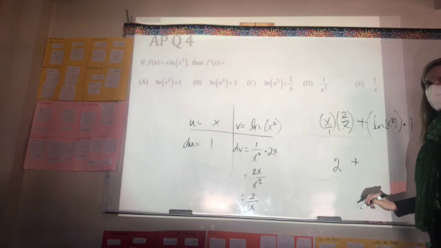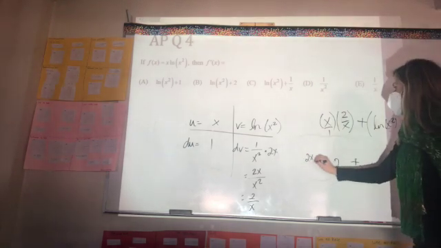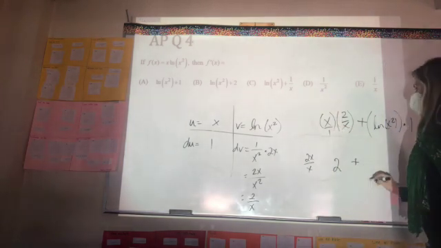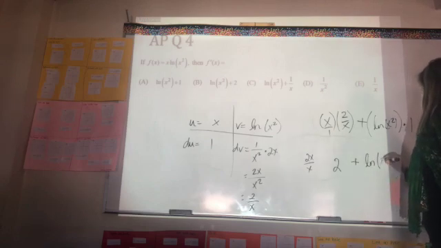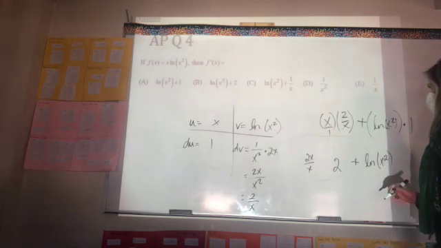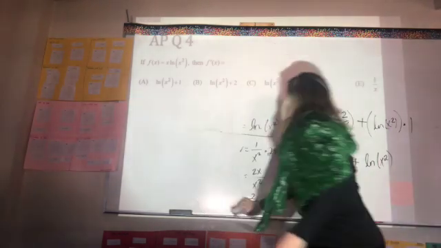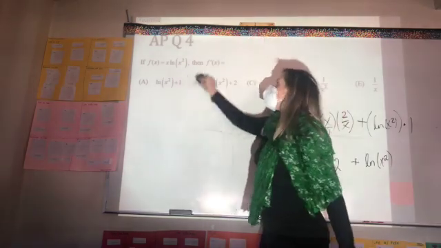You multiply the numerators and then you can cancel the x's. Yes. Which is B.